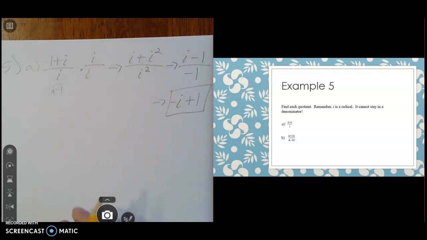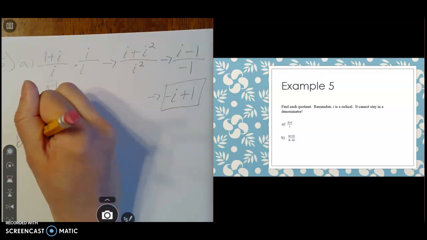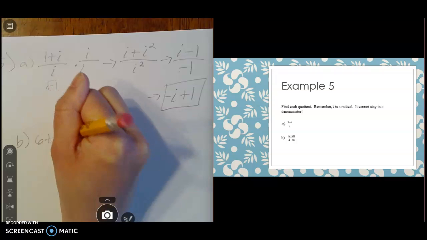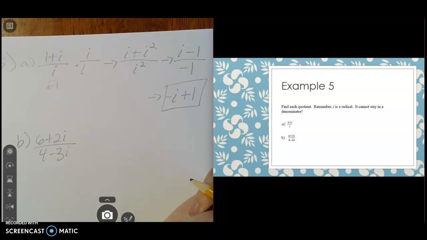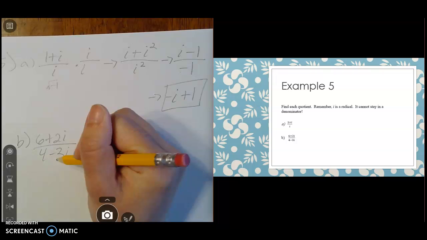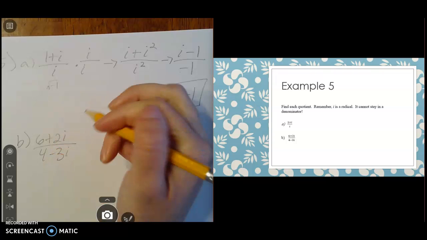Okay? What if we have more than one term in the denominator? So something like 6 plus 2i over 4 minus 3i. This is where you multiply by the conjugate. The conjugate is where you have the same 2 terms, but the opposite sign in the middle.